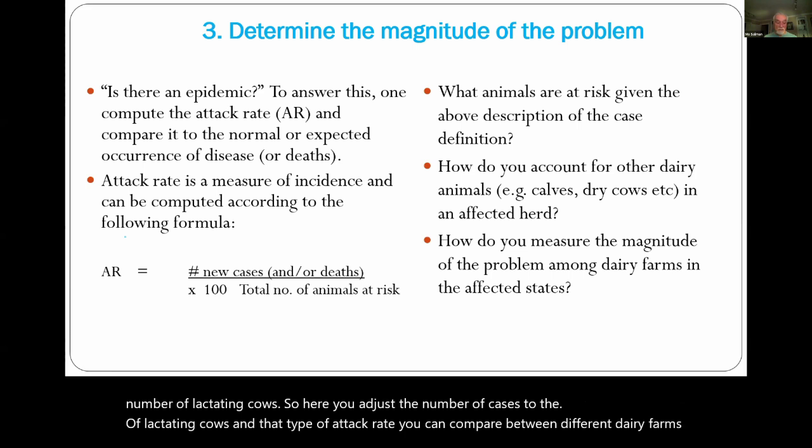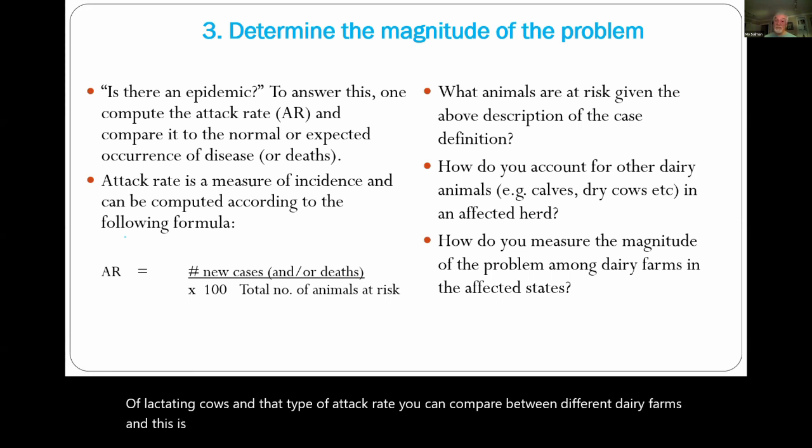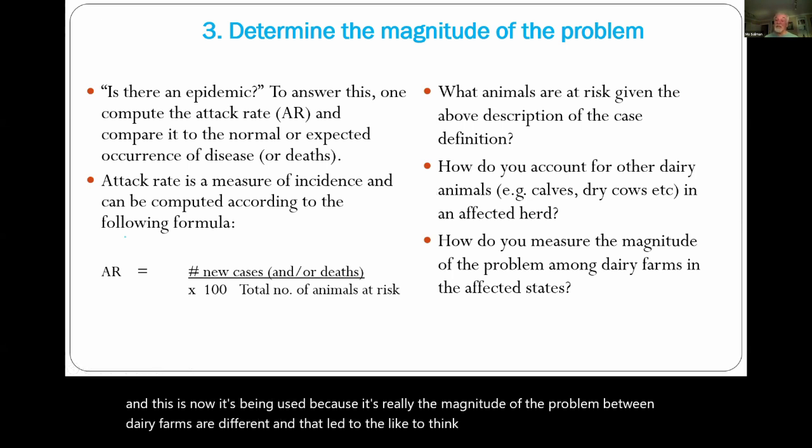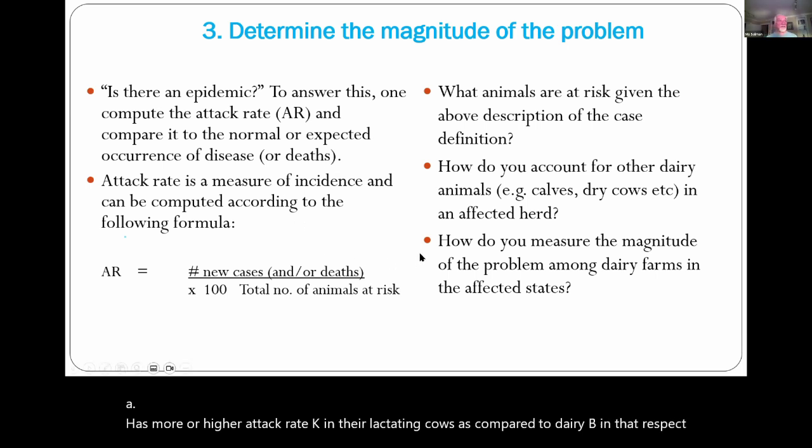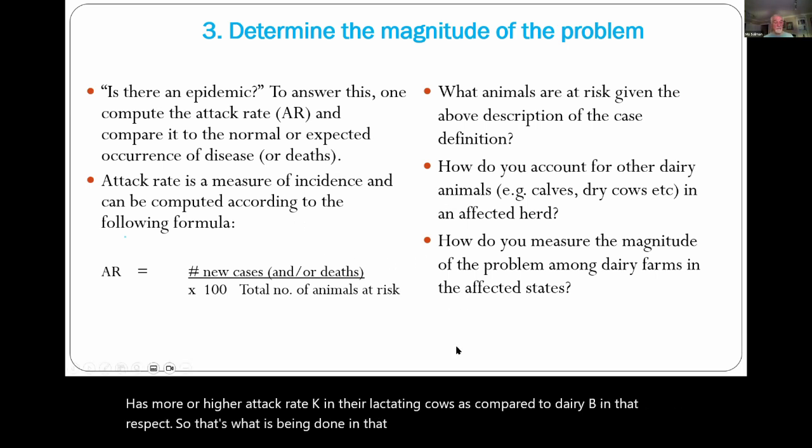This is being used because the magnitude of the problem differs between dairy farms. And that led us to investigate why dairy A has a higher attack rate in their lactating cows as compared to dairy B. So that's what is being done in that way.